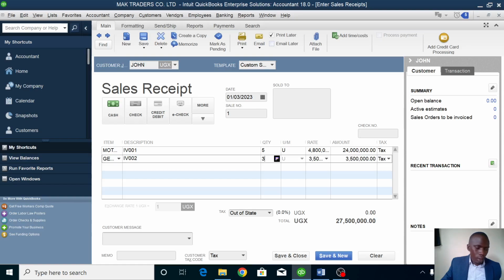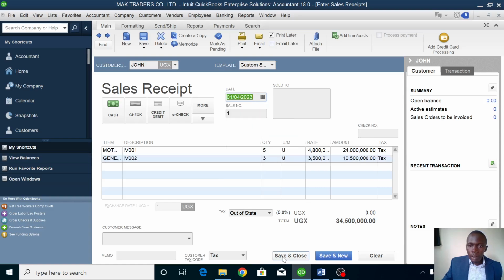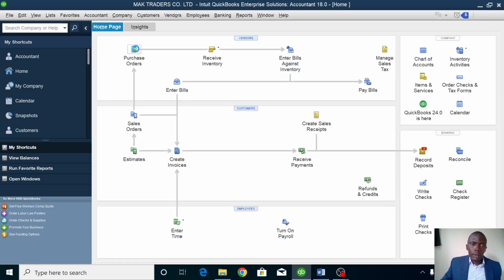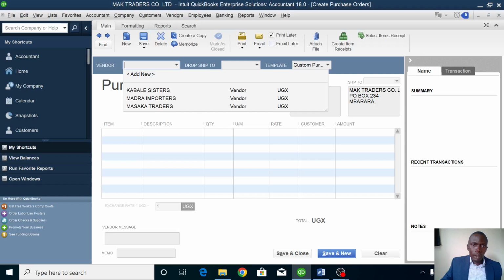We can change the date. The date was 4th. Say save and close. We go to our next transaction. So they are saying bought 100 liters. We shall follow the LPO. We're going to purchase orders. They have not given us the name of the vendor.